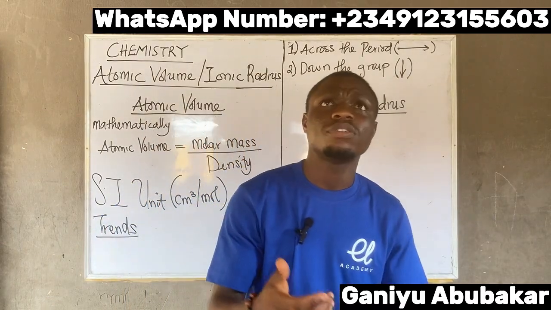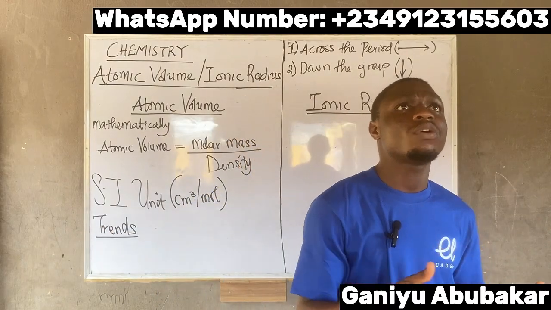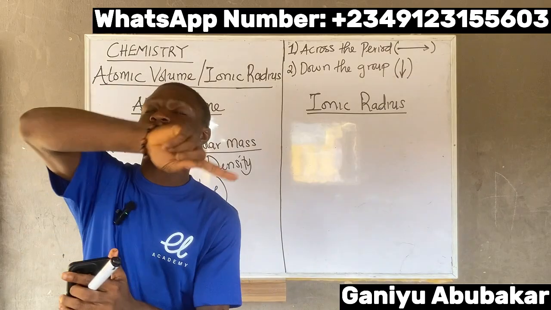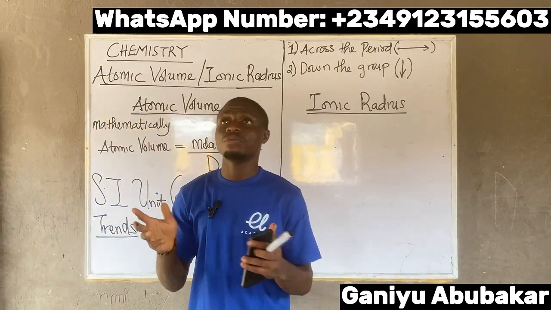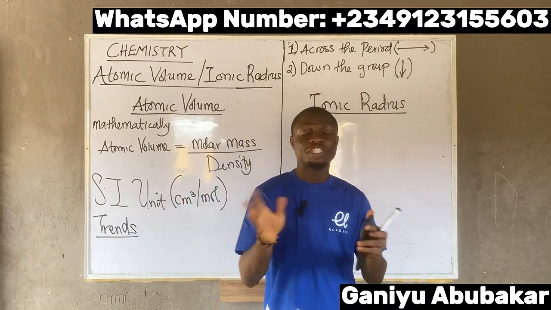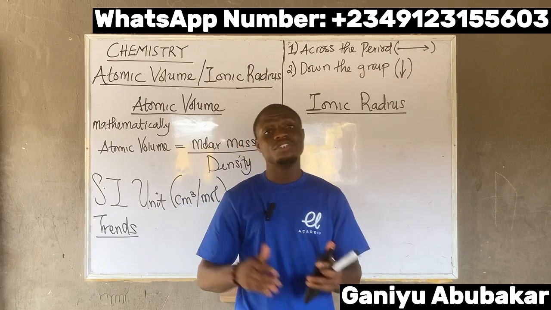So what of radius? Radius is the distance from the center of a circle to the circumference of that circle. That's how you differentiate between ionic radius, ion and radius.